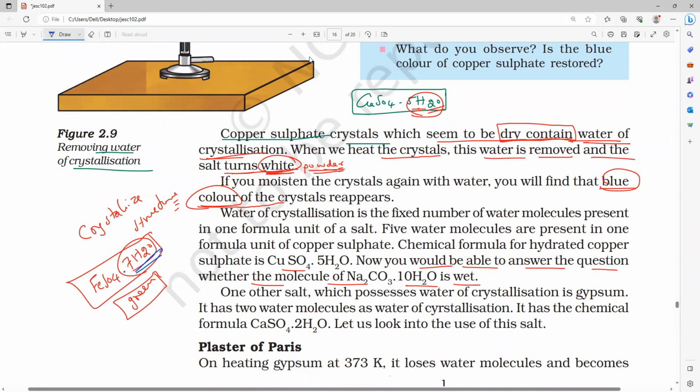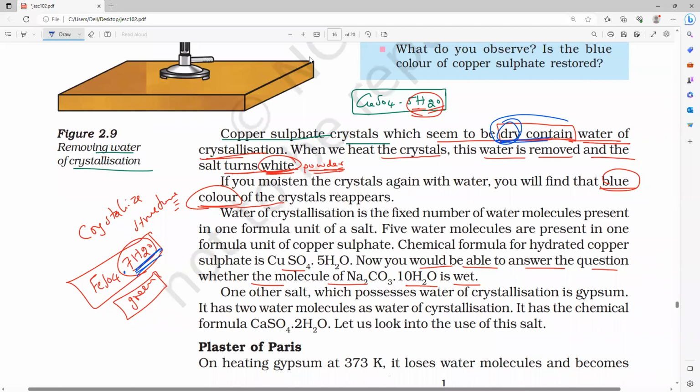So this water of crystallization is for the purpose of obtaining the crystalline structure. So the salts are present as crystals because of this water of crystallization, but they won't appear to be in a wet condition. They will seem to be how, guys? Right. Dry. That is what you have to remember.